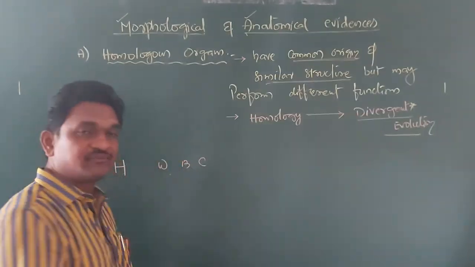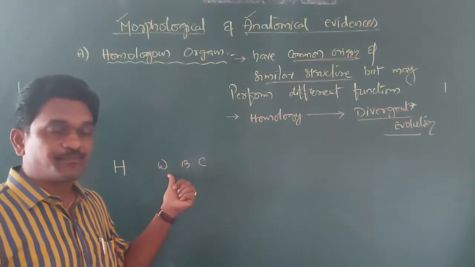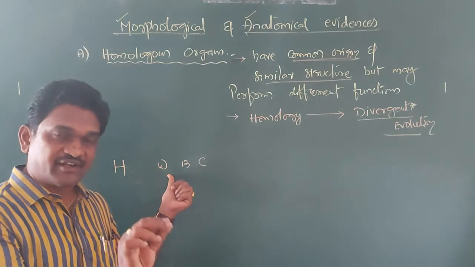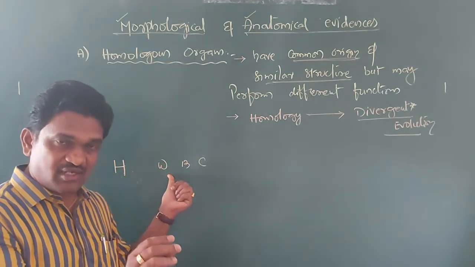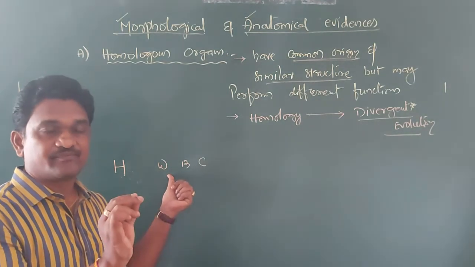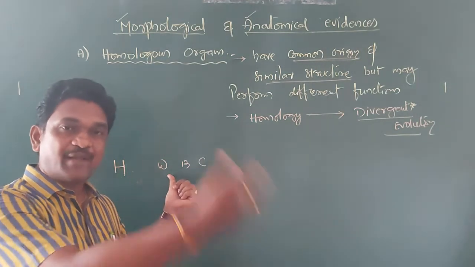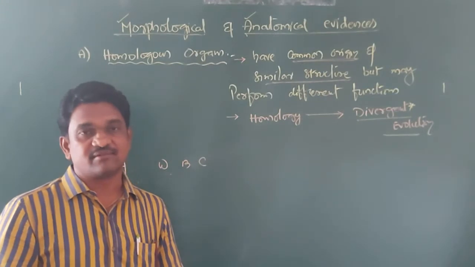Now see the definition for divergent evolution in this example. In these organisms, the organs have structural similarity. Yes, the forelimbs have structural similarity, performing different functions due to adaptations to different needs.